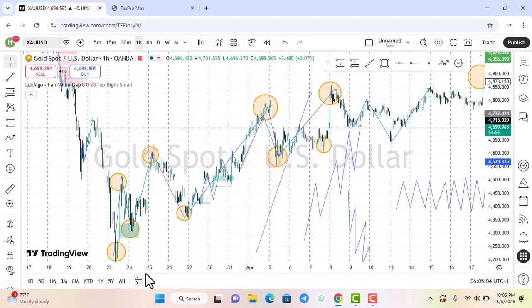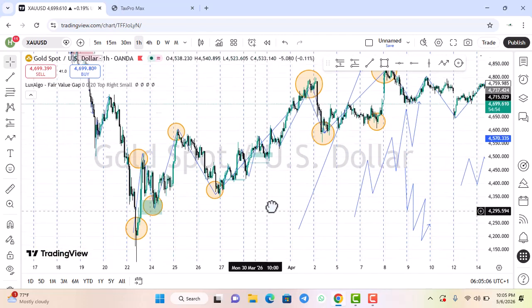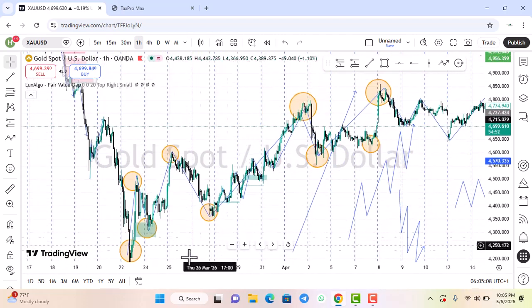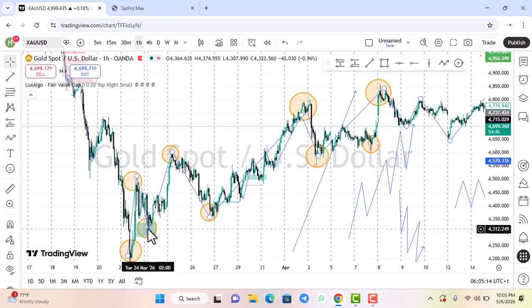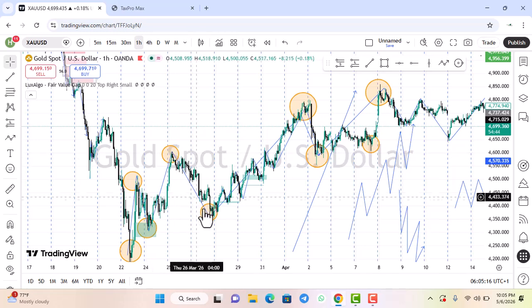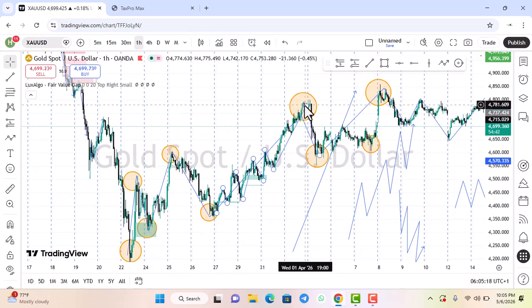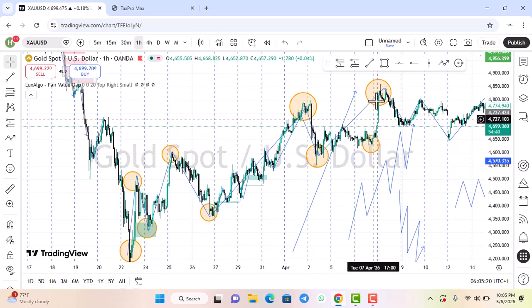Let me show you this bullish trend example. When we are looking at the external structure of the market, this is our higher low, higher high, higher low, higher high, higher low, higher high, higher low, higher high, right? Continuously.